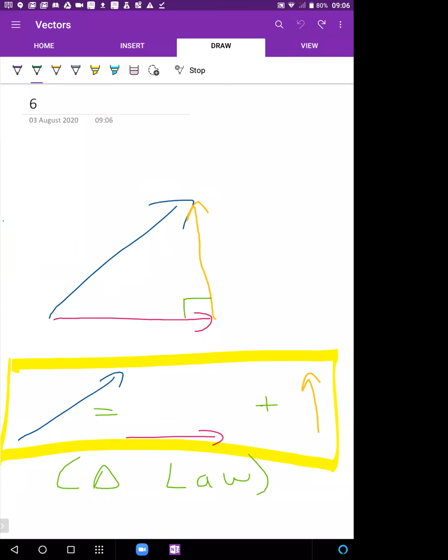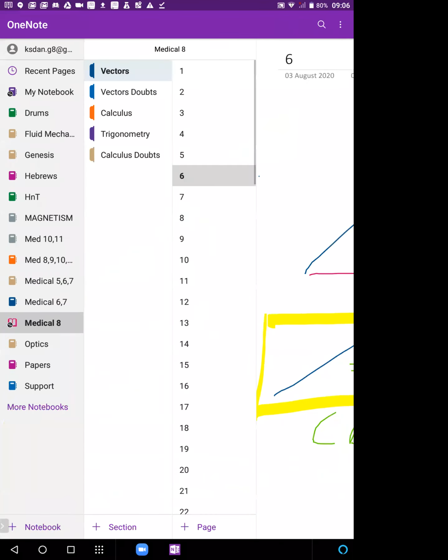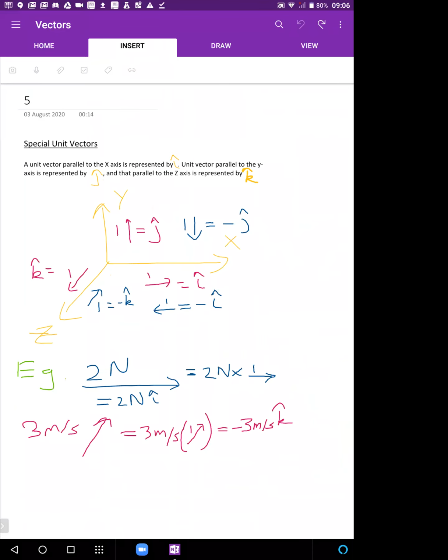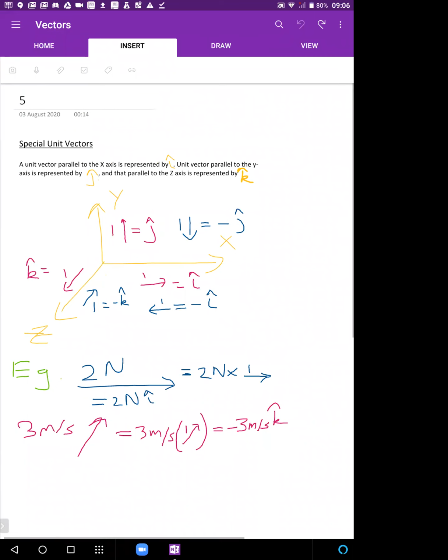अब ब्लू वेक्टर क्या है? ये ना ही x के अलोंग है ना ही y के अलोंग है. This is along some different kind of direction. It's neither along x nor along y. But I have learned to write any vector along x and y in this interesting format.